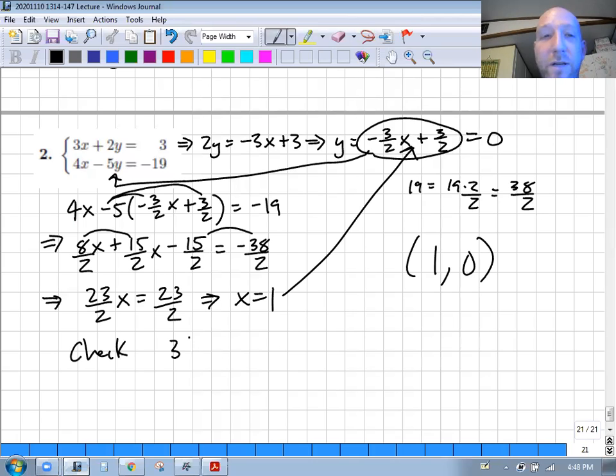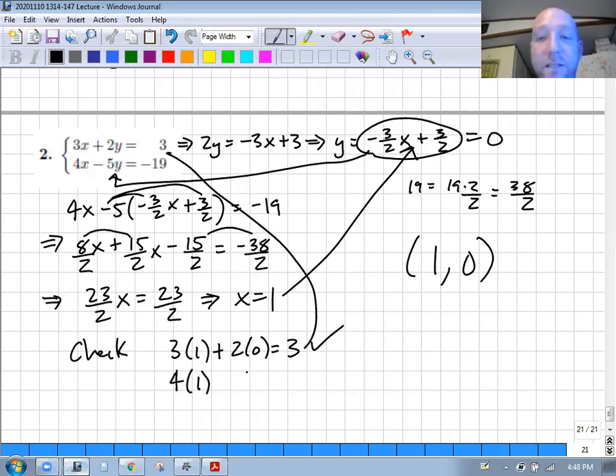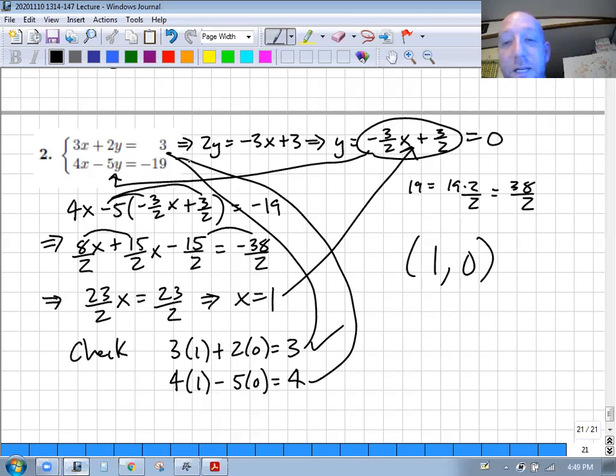If I plug a 1 in for x into this first equation and a 0 in for y, I get 3. So the first equation worked. Let's check the second one. A 1 for x, and a 0 for y. I got 4. 4 is not negative 19. So I did something wrong here.